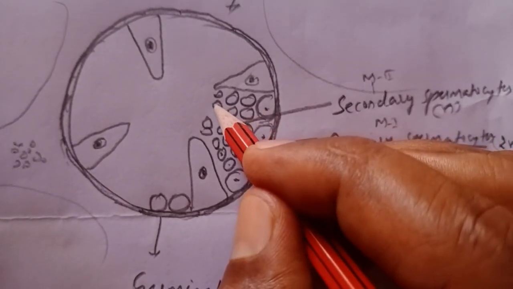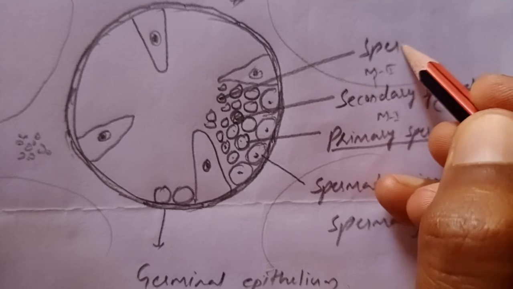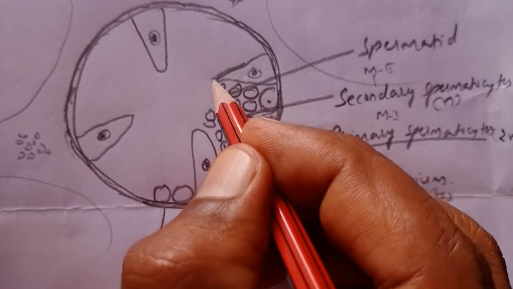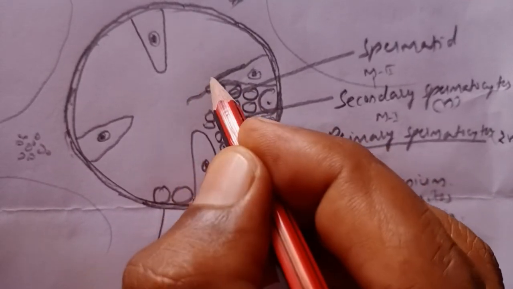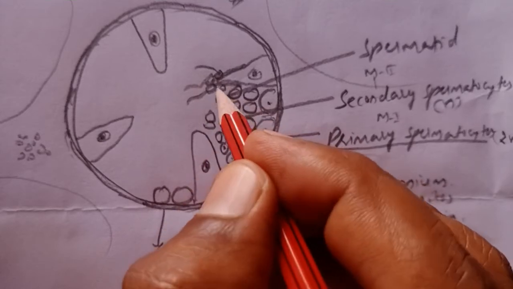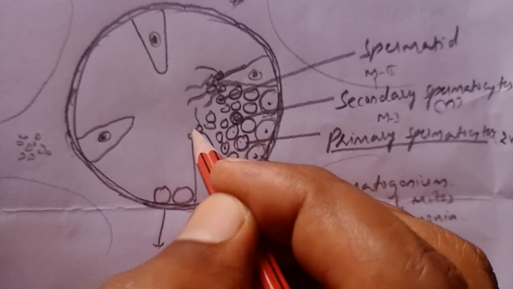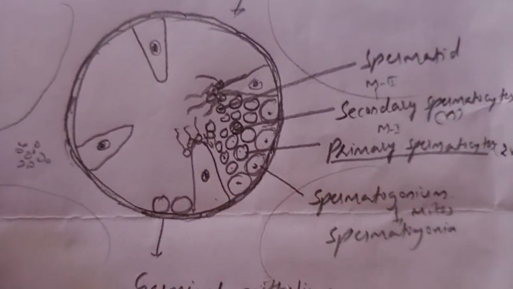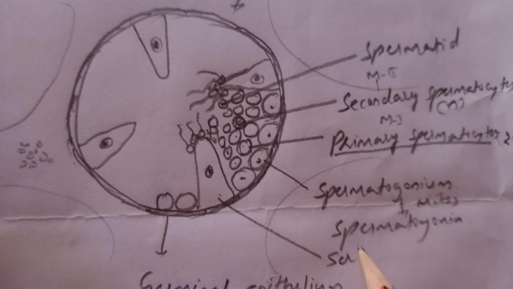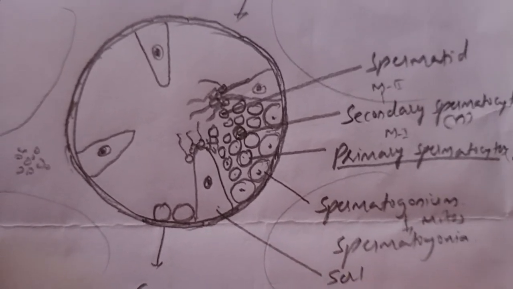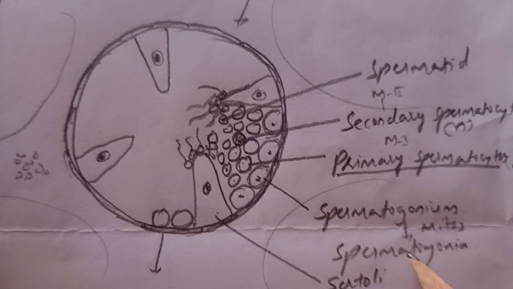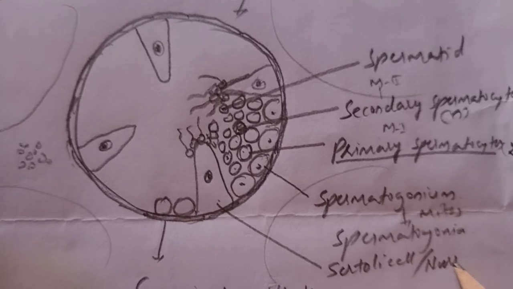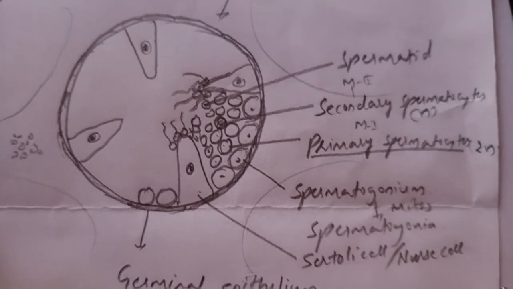I will refer to them here as spermatids, and the spermatids mature while attached to these Sertoli cells. You can show the Sertoli cell, which is also called the nurse cell, right?